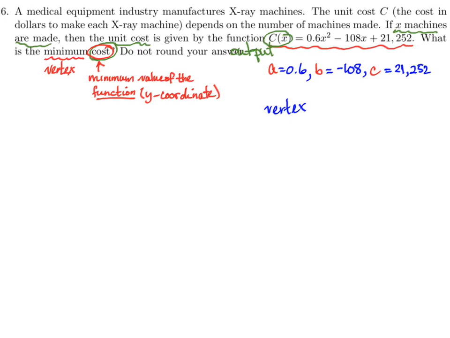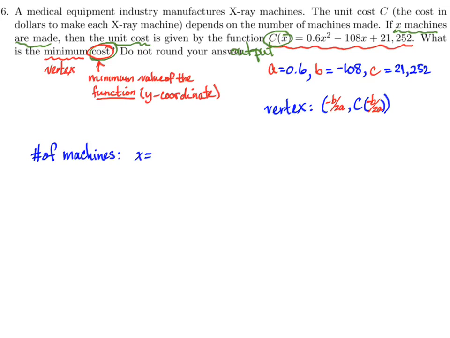So now we can start plugging in. So the vertex, again, is going to be negative b over 2a, comma, C of negative b over 2a. So we do have to first find the input. We have to find the x-coordinate of the vertex. That's going to be the number of machines that you have to make to minimize your cost.